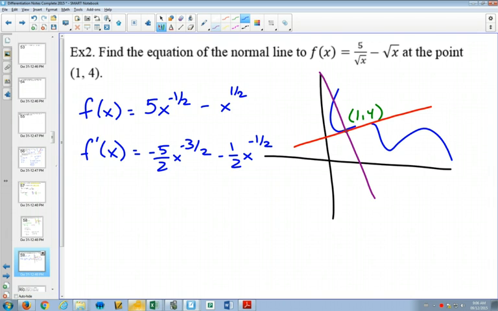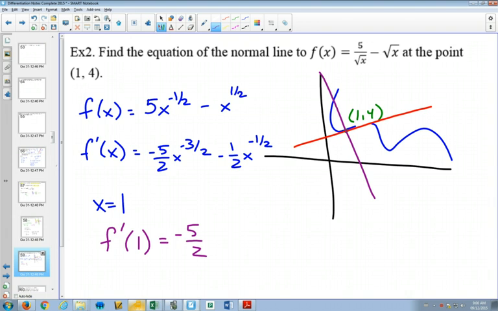They were kind in choosing the value when x equals 1. Because f prime at 1, whoa, that looks like inverse. Here we go. F prime at 1 will be just negative 5 over 2. Because x to the negative 3 halves is the same as having x to the 3 halves on the bottom, which is the same as the square root of x cubed.